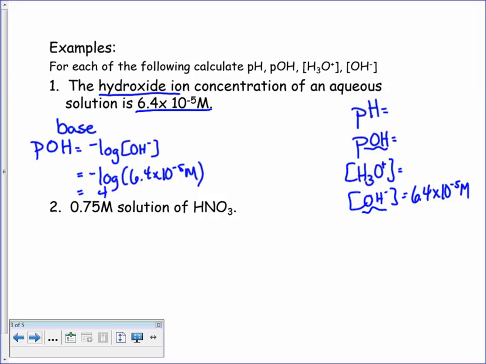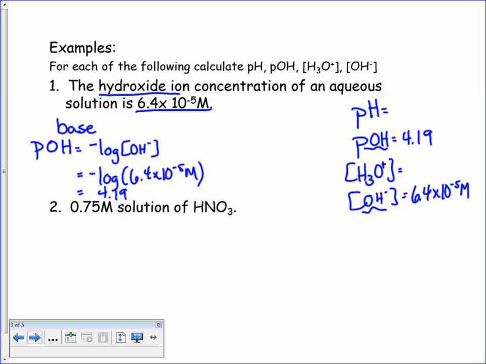And let's talk about significant digits. This number, 6.4 times 10 to the negative 5, has two significant digits, so we will report 2 decimal places in our pOH. So I'm going to say 6.19 is the pOH. I think I just said 6. I meant 4.19. Now to calculate the pH, that's easy.